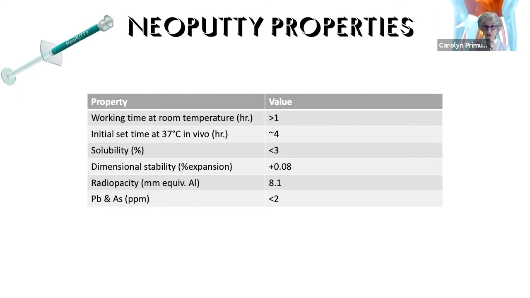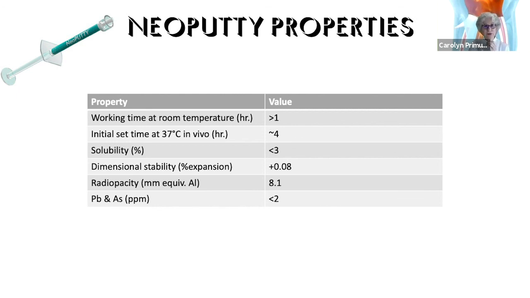So you put it in the body and it's going to require some time, about 4 hours in our ISO test method to set. Once it sets, it's not soluble, it's stable, it's radiopaque, and of course, it's very pure for those reasons that I mentioned that distinguish it from Portland cement that's the construction grade.